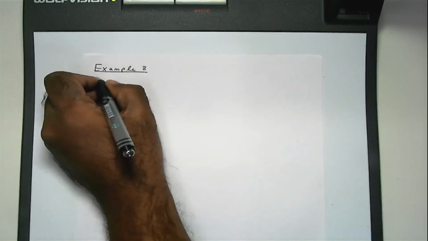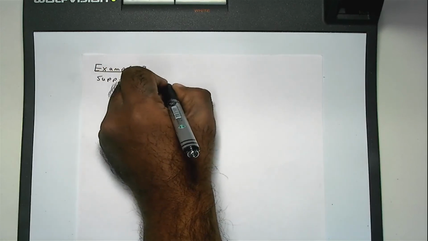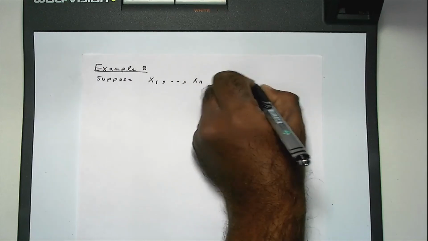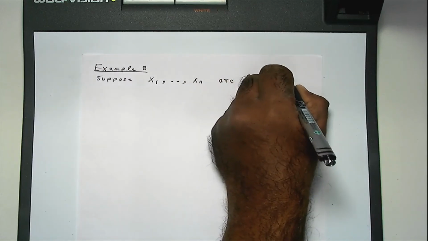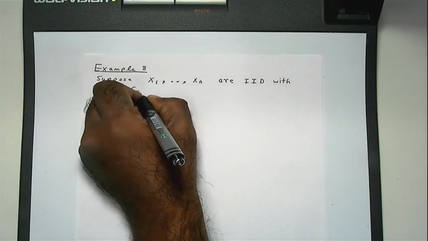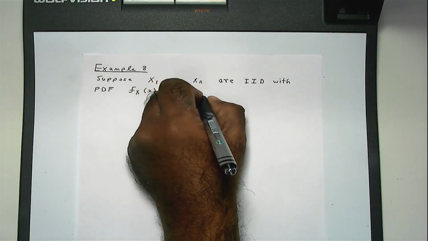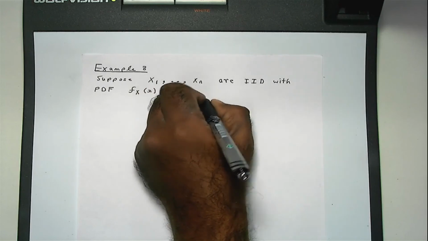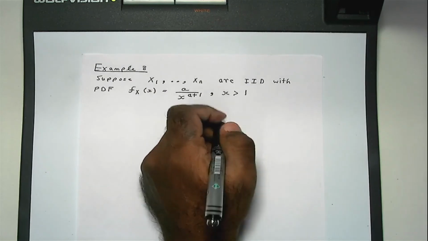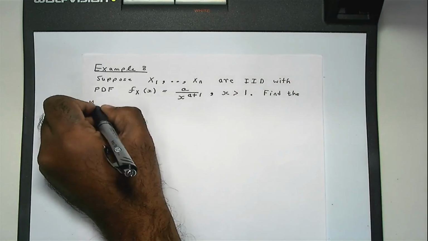Here, suppose you have a random sample from this density, where x is greater than 1, and the question is to find the MLE of A.